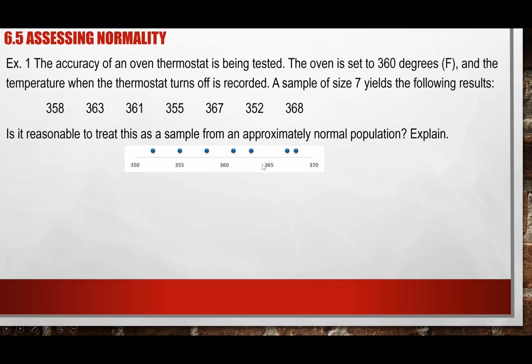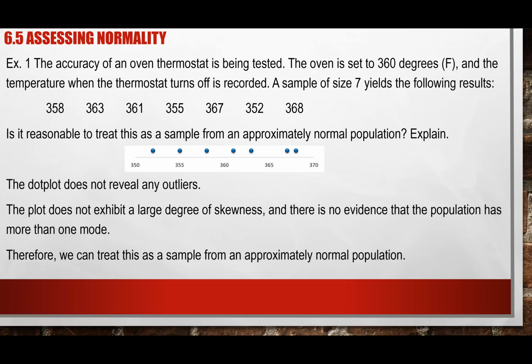Looking at this, hopefully you see that this data is spread out: it doesn't have an outlier, and it doesn't have skew, meaning it doesn't have a lot of data on the left or a lot of data on the right. It's scattered out and a little bit uniform.